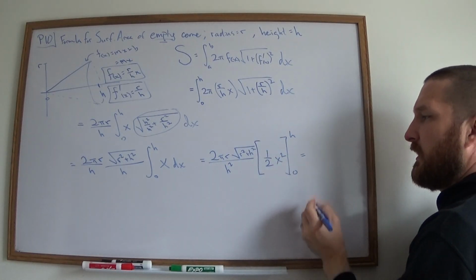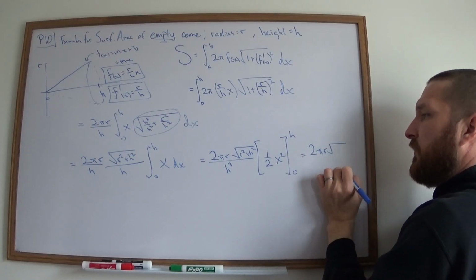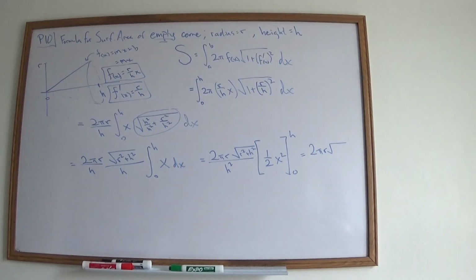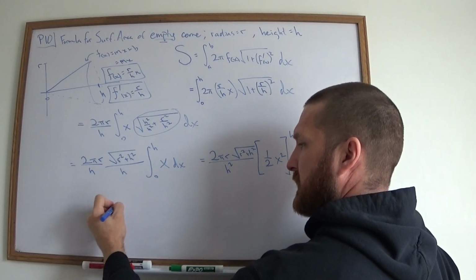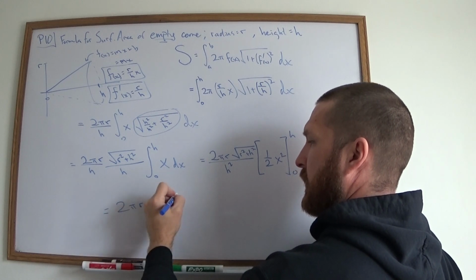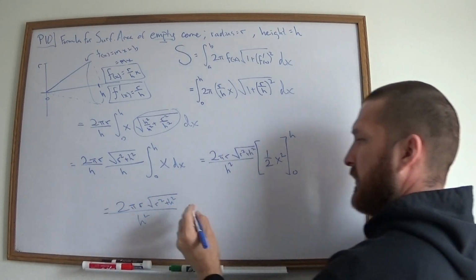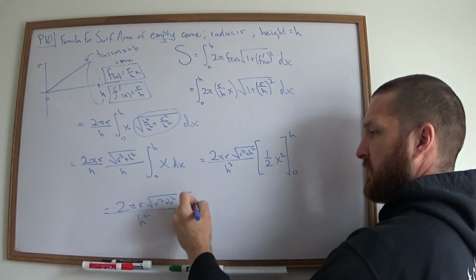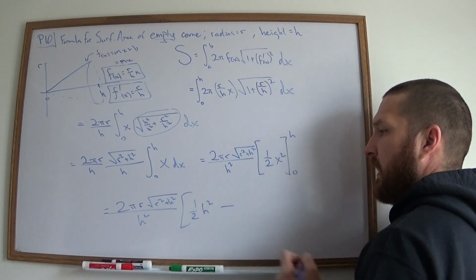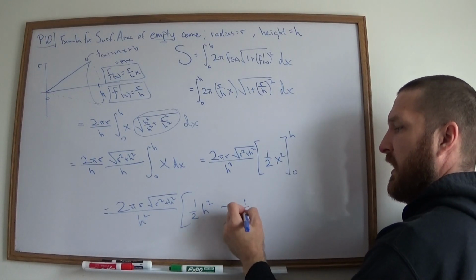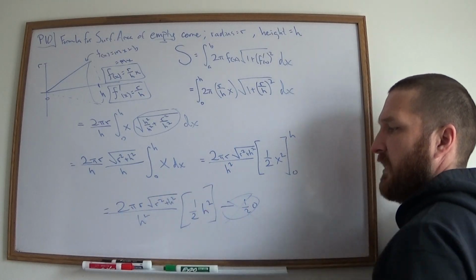Let me keep that down here, I'm running out of room. The constant is still 2 pi r root r squared plus h squared all over h squared. Now we have 1/2, plugging in h gives me h squared, minus 1/2, plugging in 0 gives me 0, so that's gone. And so I just have that right there.